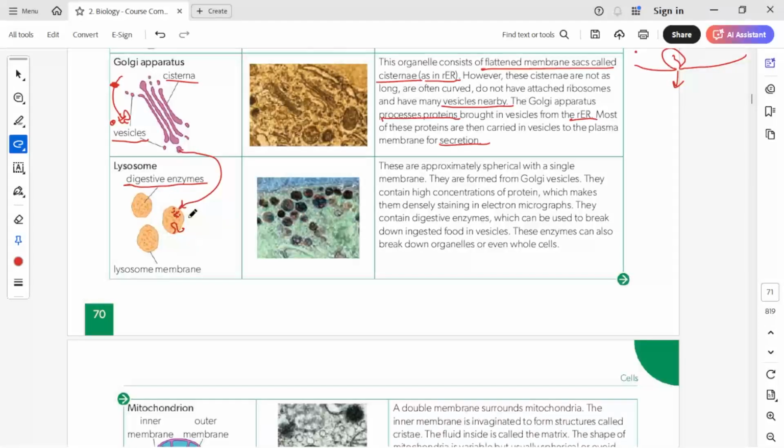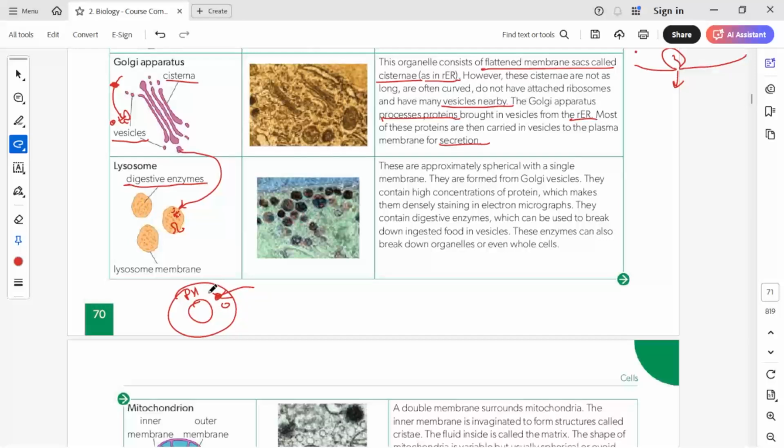These lysosomes have a pH much lower than the pH of the cytoplasm. For example, if this is a cell, this is the nucleus, and these are the lysosomes. Whatever food particles are there will be engulfed by these vesicles and digested. So the pH of the cytoplasm will be higher compared to the pH of these lysosomes.